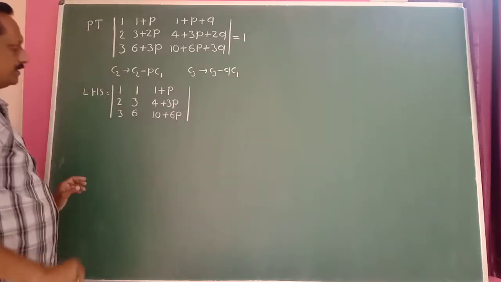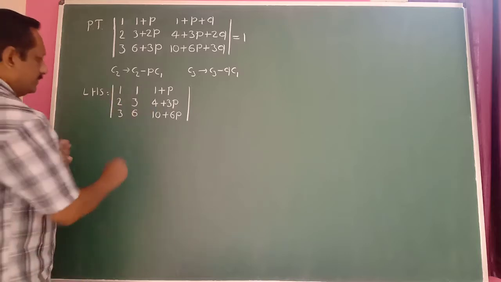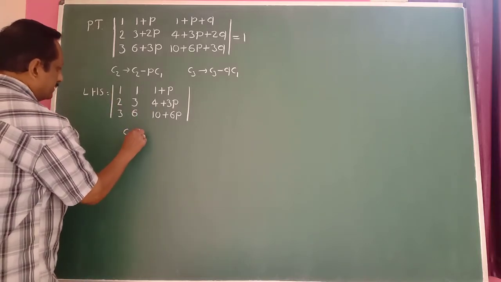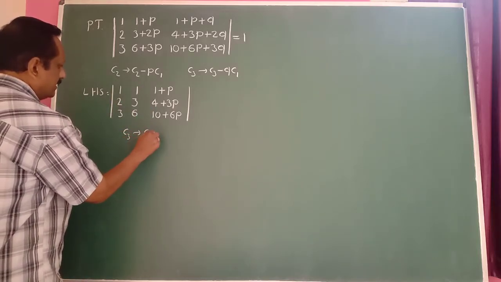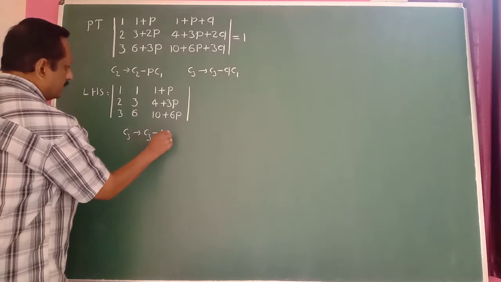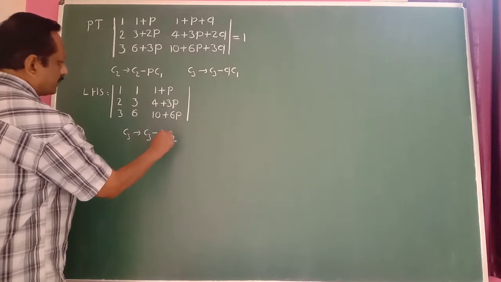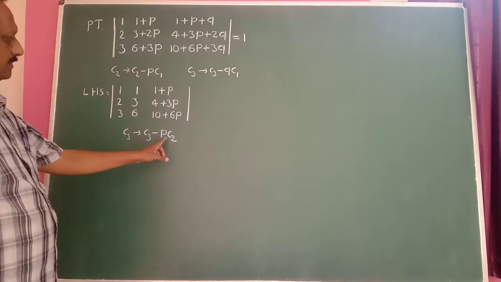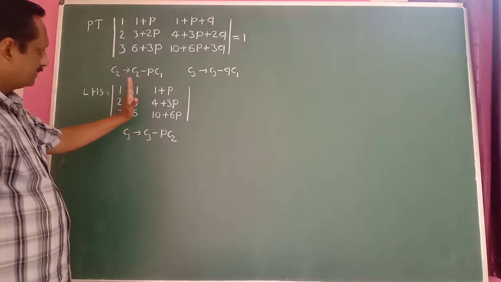Okay, next the third column C3. C3 gives C3 minus P into C2, which means multiply by P and subtract.